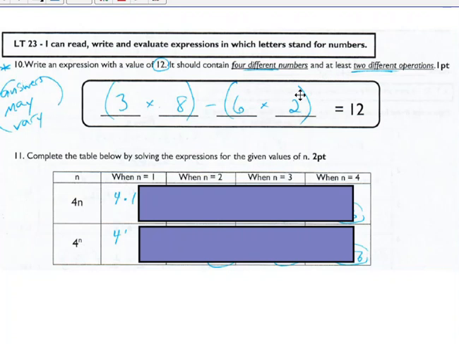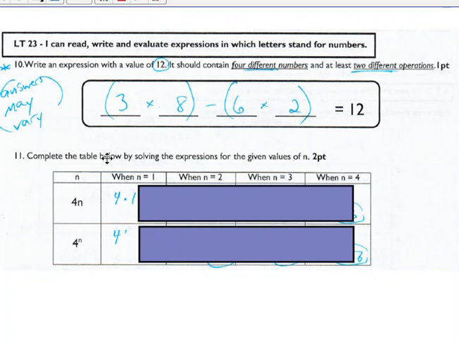The only thing I was really looking for was, does it equal 12 when you follow the order of operations? Have you used 4 different numbers? And have you used 2 different operations? Like in this example right here, I've used 4 different numbers. I've used 2 different operations. I used subtraction and multiplication. So this problem meets the criteria. There's a whole bunch of options that work there. You guys came up with some very good answers for that one.